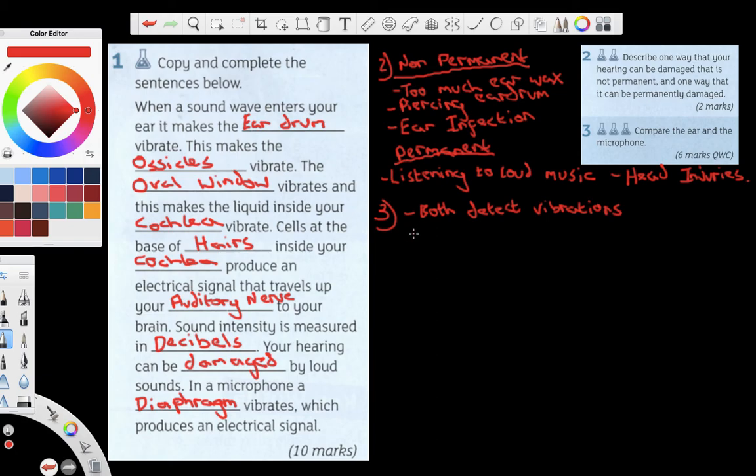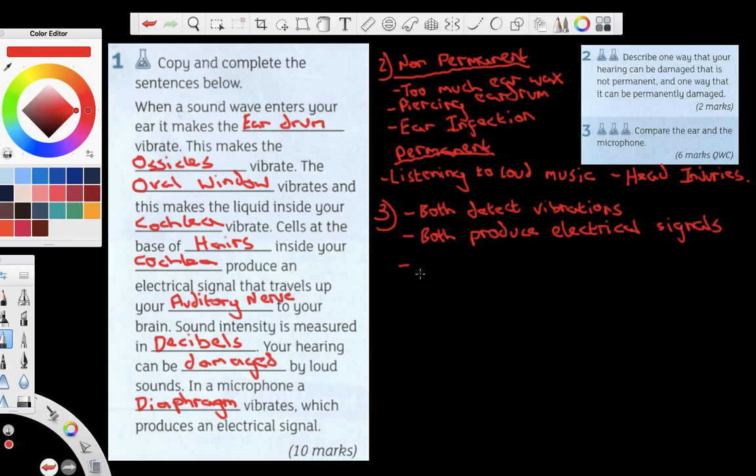You could have said that they both produce electrical signals.